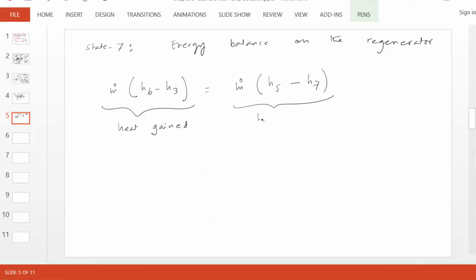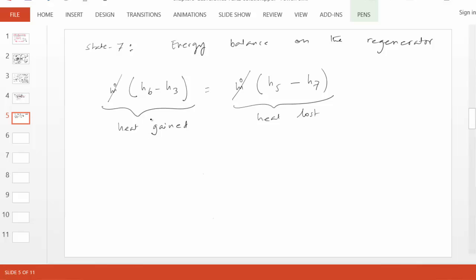So this is the heat lost by the hot fluid. Heat gained by the cold fluid must equal heat lost by the hot fluid, and that gives us a formula for enthalpy.